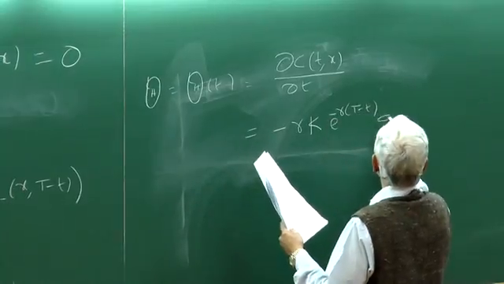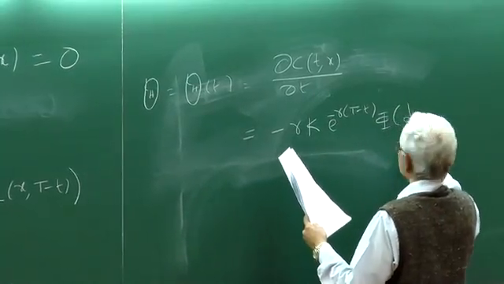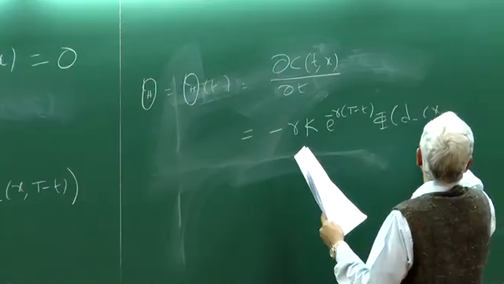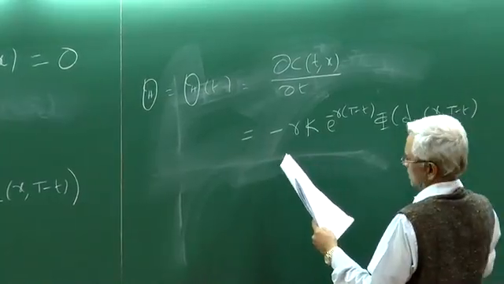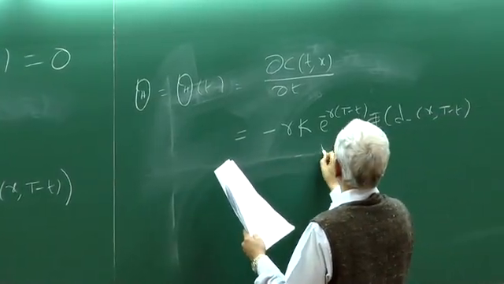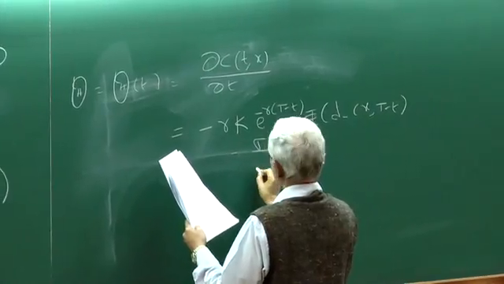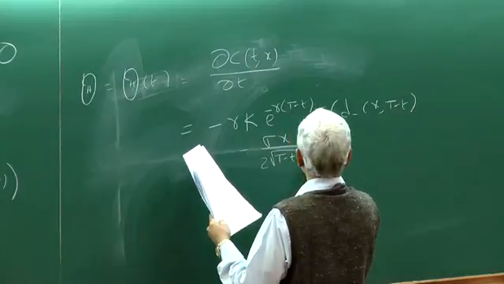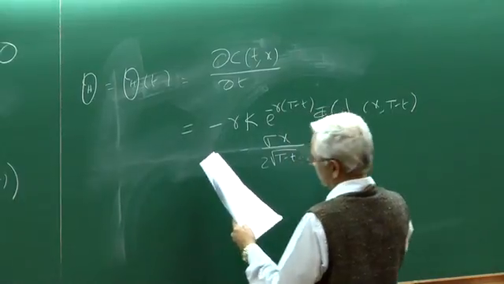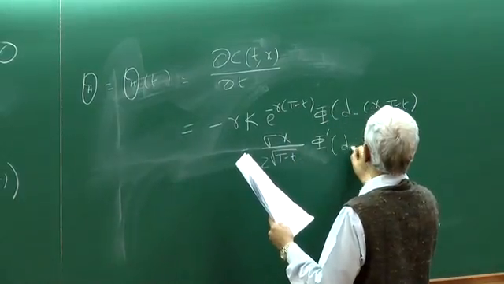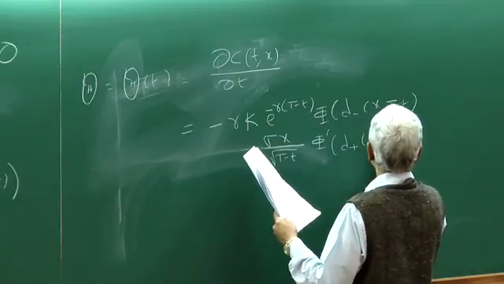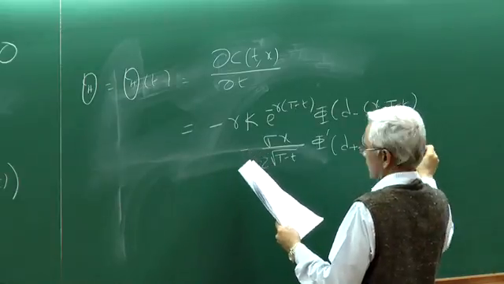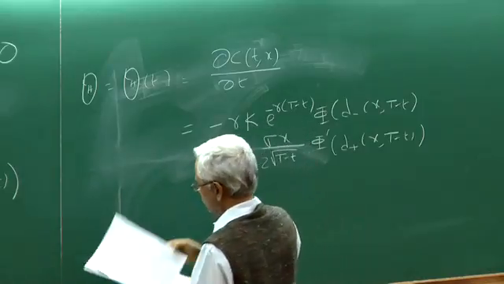Phi of d minus of x, t minus t, minus sigma x over 2 square root of t minus t, phi prime, the derivative, of d plus of x, t minus t. One more and then I will explain.